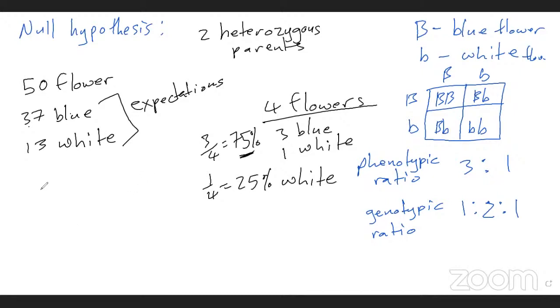Let us say we do the experiment now, and you get 31 blue and 19 white, because it's 50 in total.